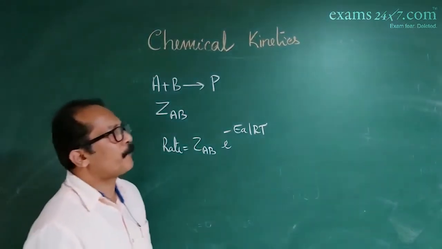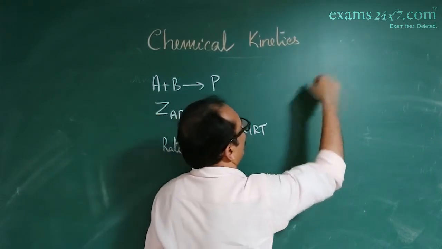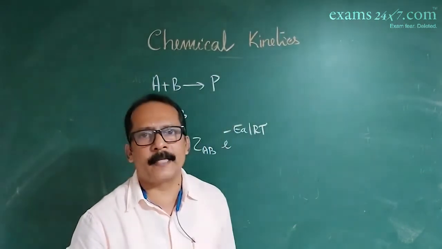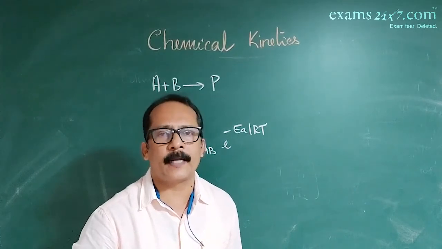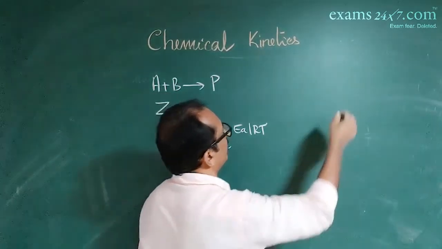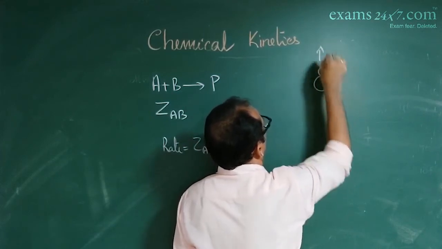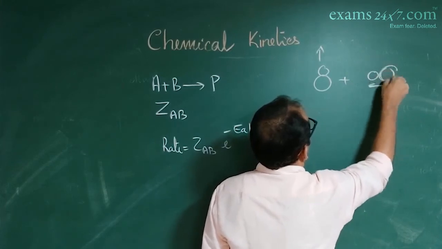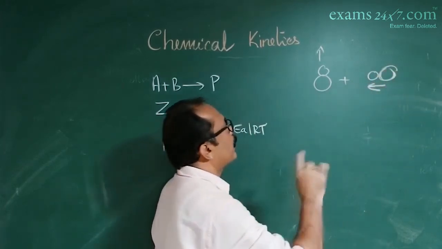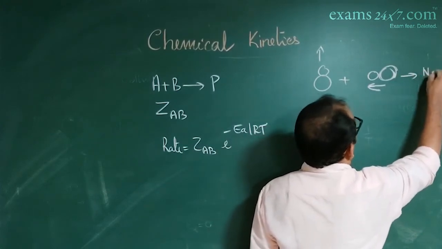In orientation factor, if the solid reactants are represented in a proper way, then there is collision and that leads to the product. Just look here. If the reactants are represented like this direction, is there any collision? No collision. When there is no collision, no product is formed.